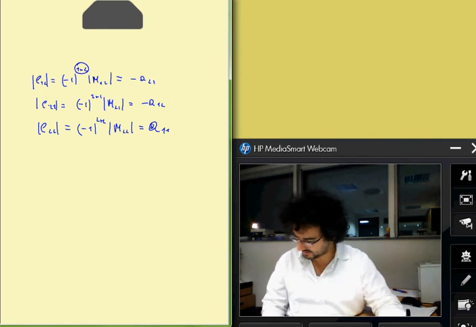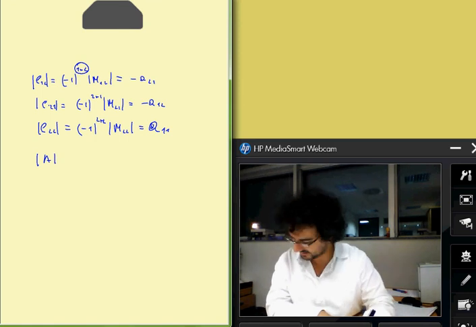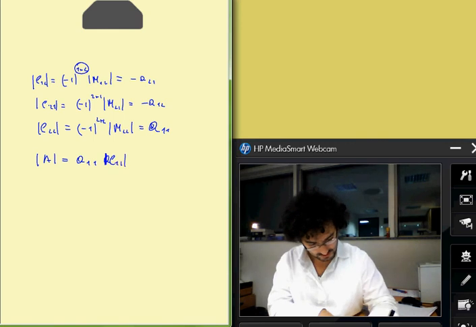At this point we can compute the determinant of this 2 by 2 matrix A as the sum of the elements of, for instance, the first row multiplied by their cofactors: A11 multiplied by the cofactor C11, plus A12 multiplied by the cofactor C12.